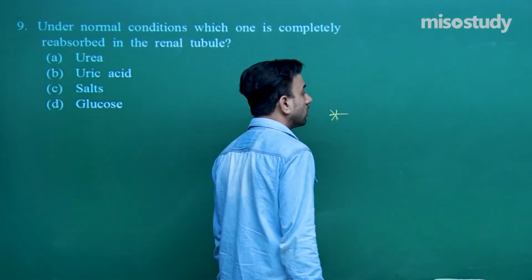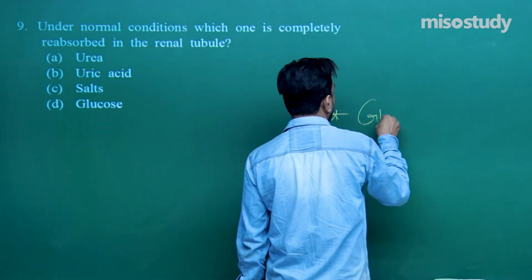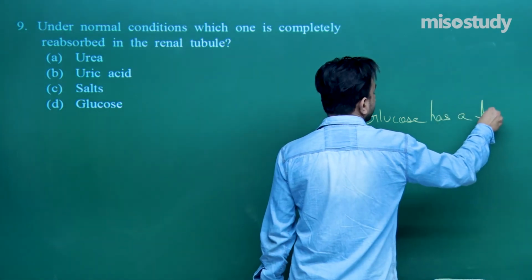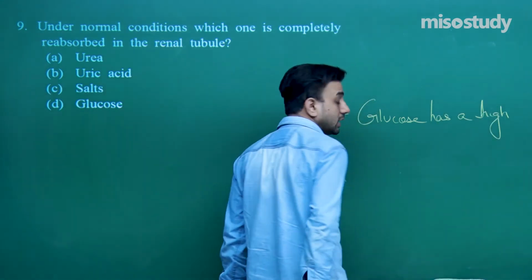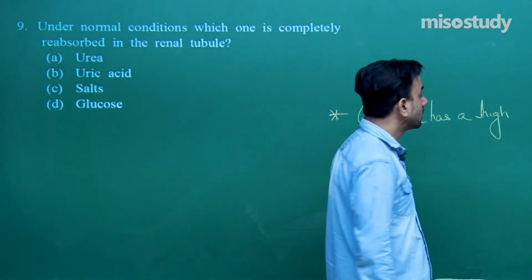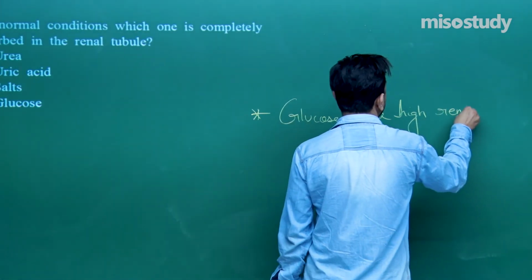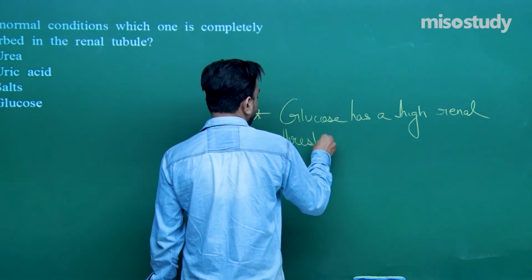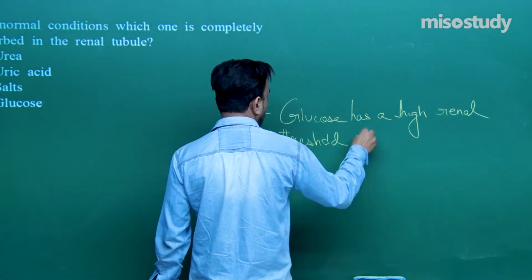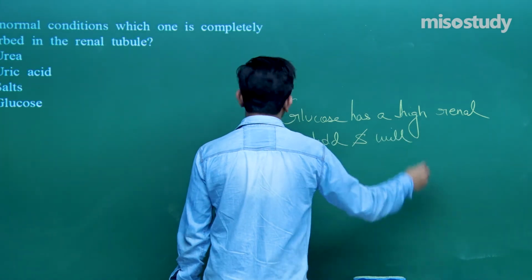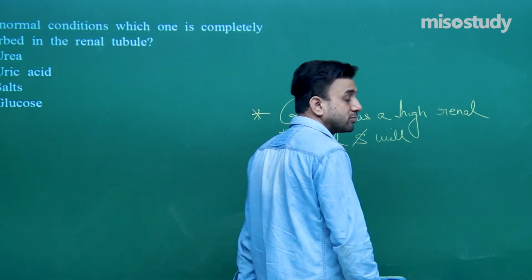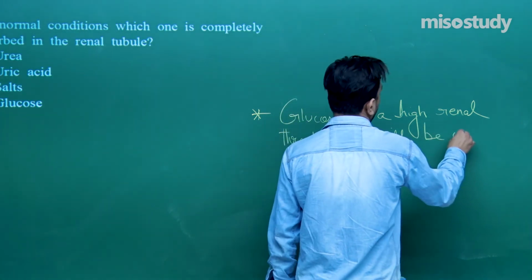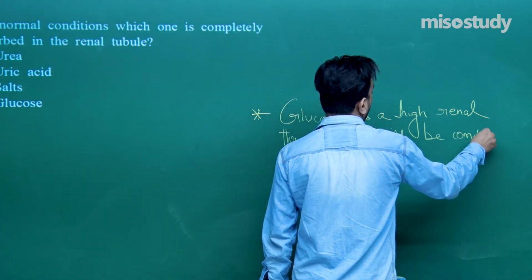So what we see, glucose has a high renal threshold, and will be completely reabsorbed in the renal tubule.